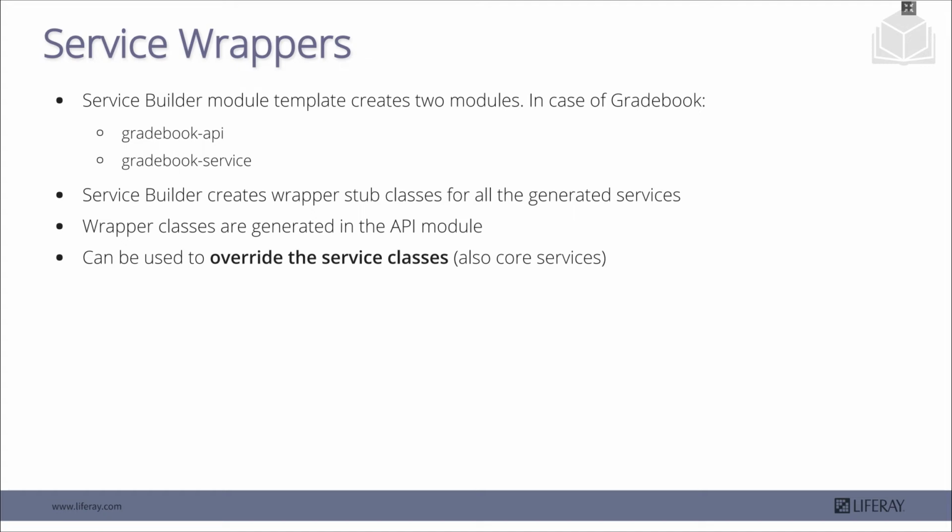And so the wrapper classes are generated in the API module. Again, these wrapper classes can be used to override or even extend the services created by Service Builder. So let's say we mess with the implementation, and then from there, maybe we want to keep that implementation. If someone wants to make kind of a one-off while keeping the implementation, they can do so using a service wrapper.